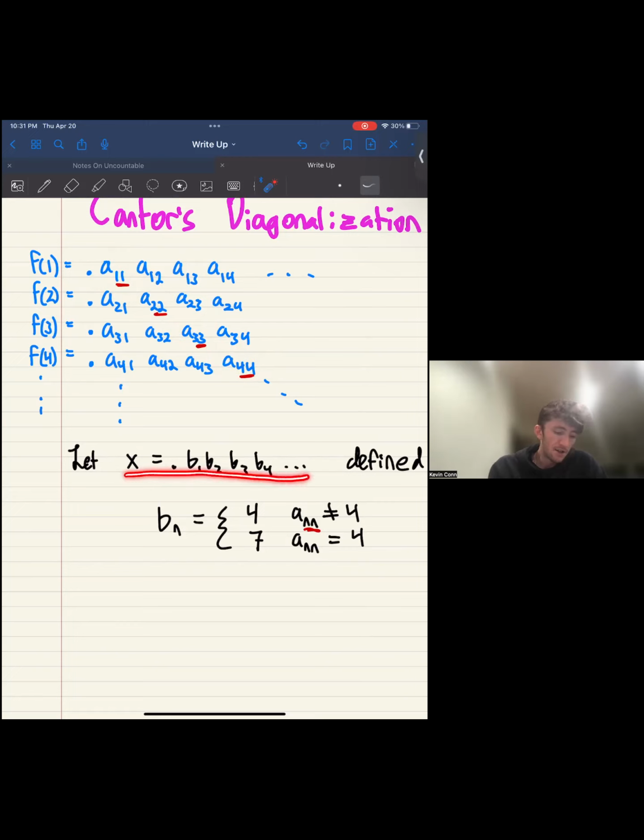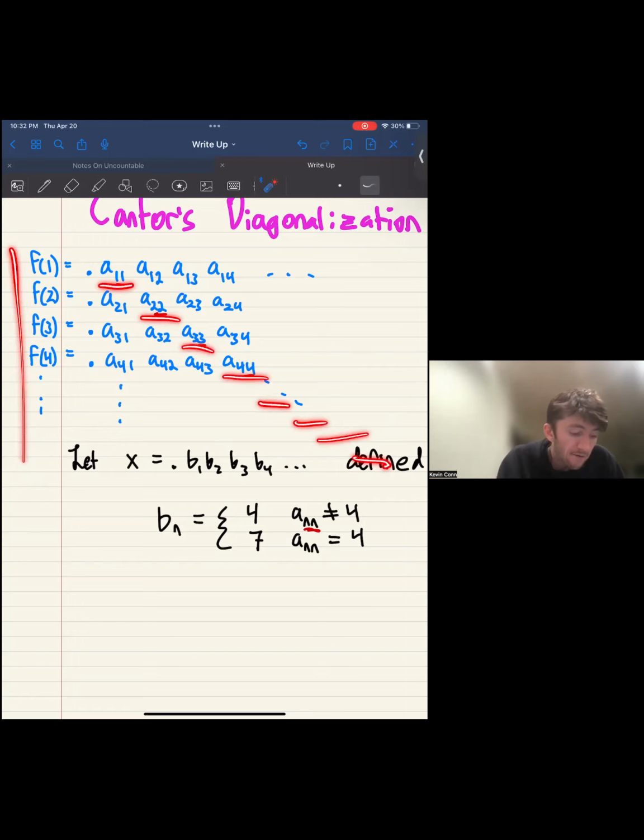This new number will be made by going down this diagonal and hitting every single element in this list and saying, are you a 4? Or you can change these out. It doesn't have to be just 4s, but it is going to change every single element along this main diagonal for every single element in this infinite list.